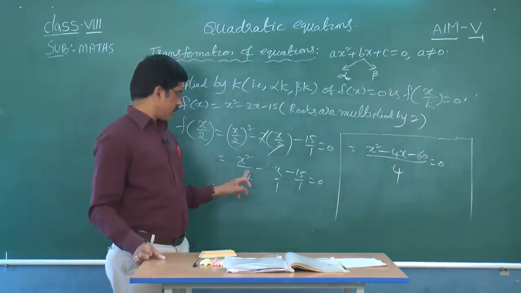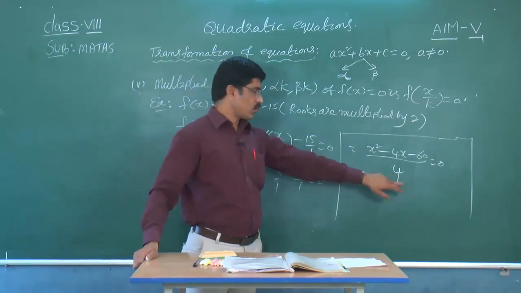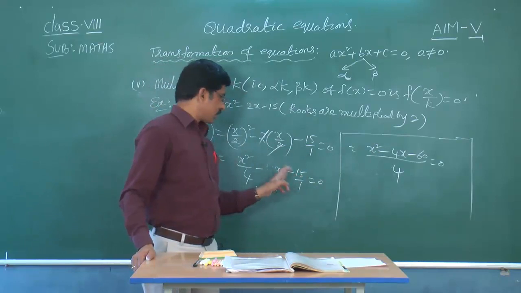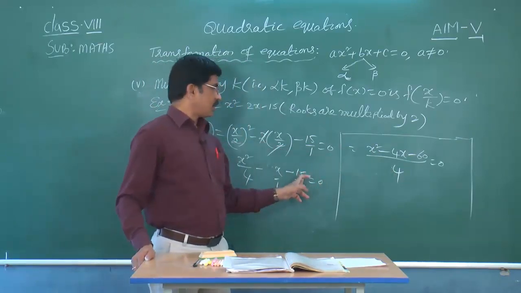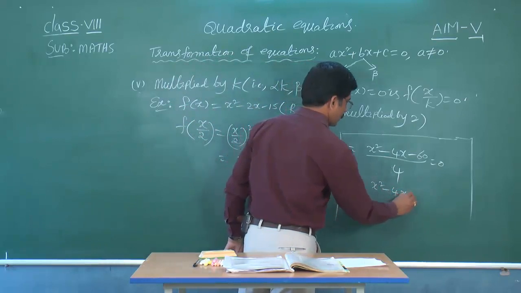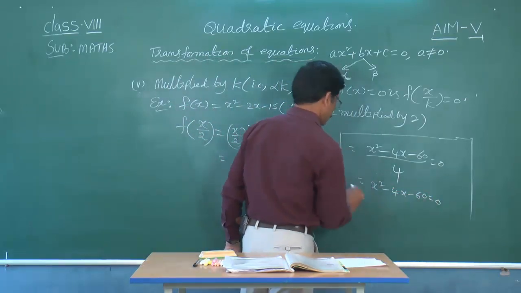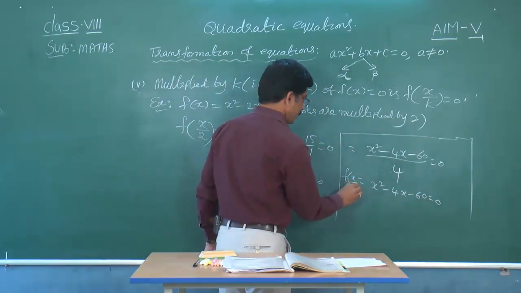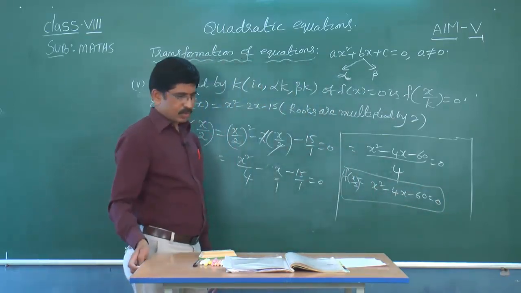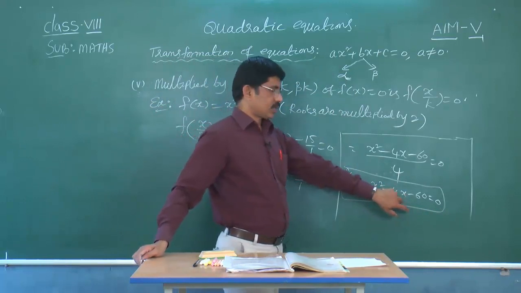So the LCM of 4 and 1 is 4: x square, 4x, 4 into 15 is 60, that gives x square minus 4x minus 60 is equal to 0. It is f of x by 2. The required equation is f of x by 2, that is x square minus 4x minus 60 is equal to 0.